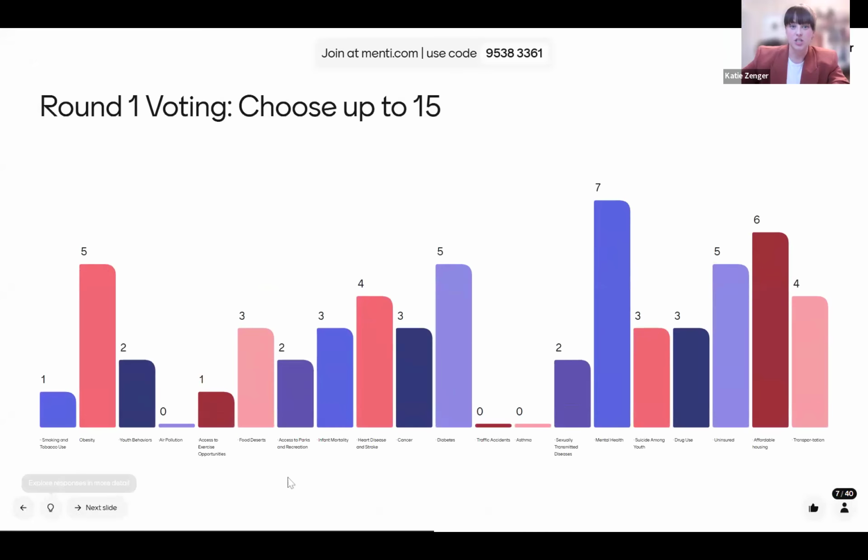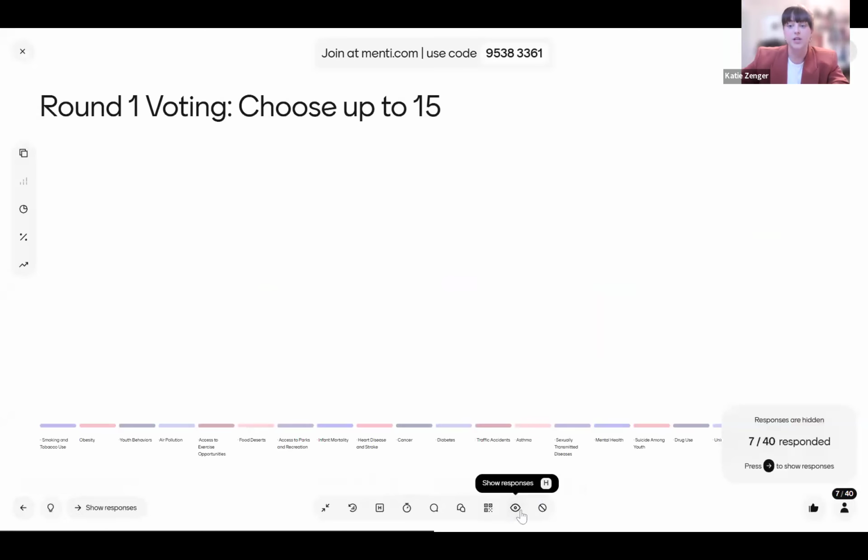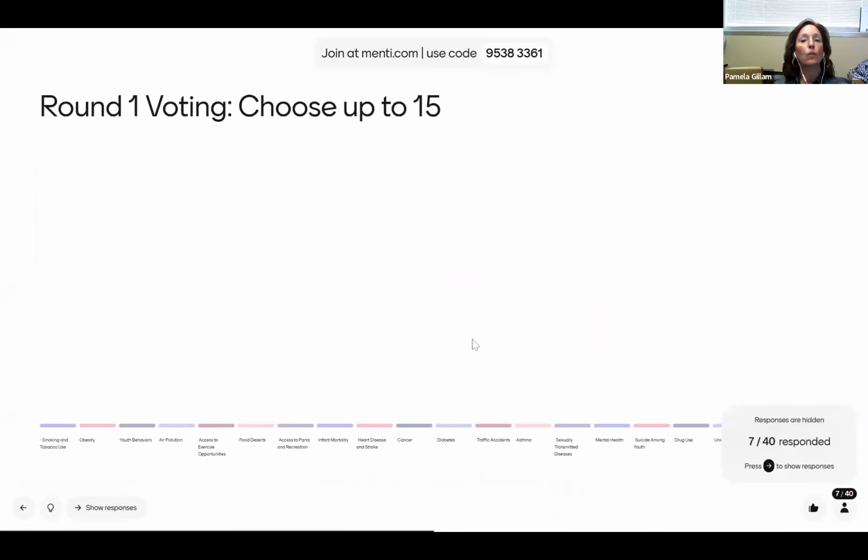Pam, there's a great question in the chat. Is there anything we need to be mindful of related to eliminating our own bias in this scenario? That's a great question. I would assume you're going to have some bias because you're ranking these based on your experience or what's important to you, or you might be looking at them based on what you're hearing in your community.